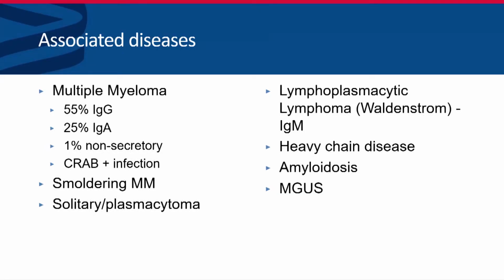So just very quickly, for the most part, multiple myeloma, 55% of cases is IgG related. We do separate it out a little bit, lambda and kappa, and the reason why, if it is there, is that lambda tends to have a little bit of a worse prognosis.